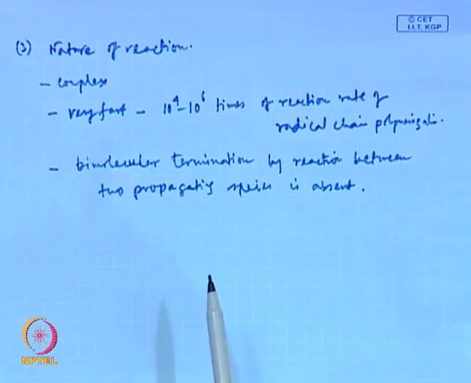As a result there is a huge increase in the concentration of active centers in the medium, and the reaction is very fast. In case of radicals, the steady state concentration of the active radicals is very low, and as a result the propagation was slower in comparison to ionic polymerization.